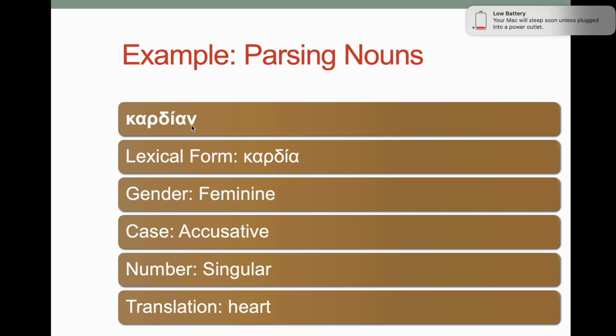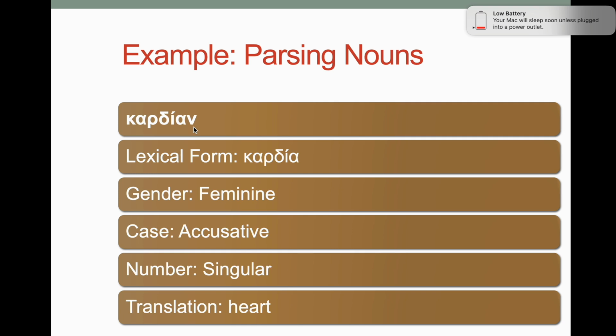Kardian. Notice it has that nu on the end. So what is this? Well, that's the inflected form. Its lexical form is kardia, just with the alpha, the nominative singular form. So it's kardia. This kardian is feminine. Again, we're dealing with first declension nouns, so they're all feminine. This example has a nu on the end.